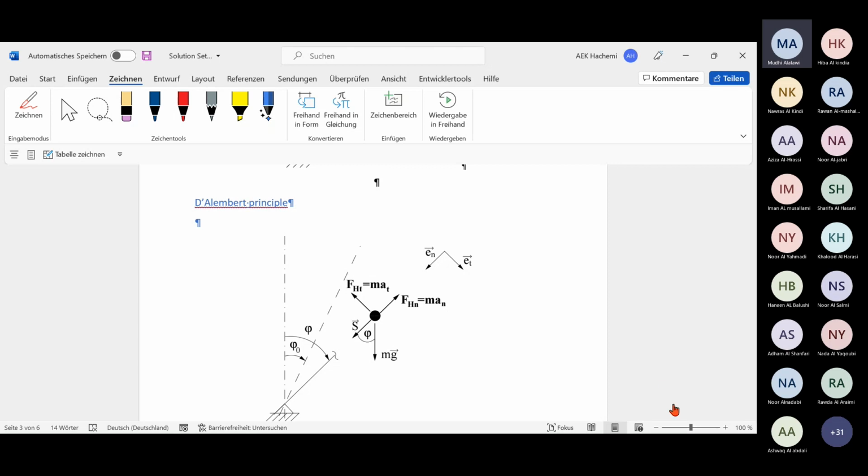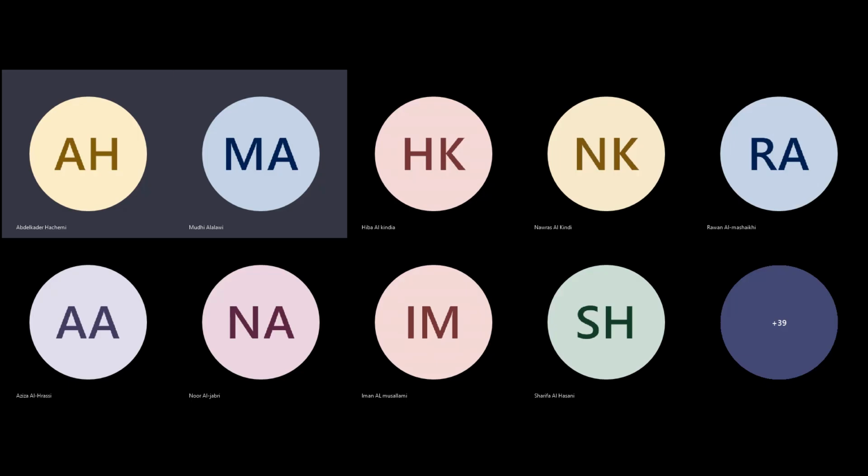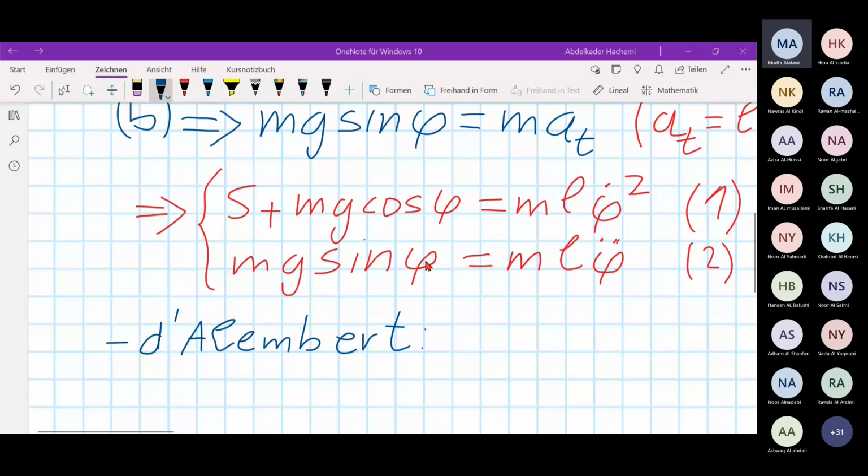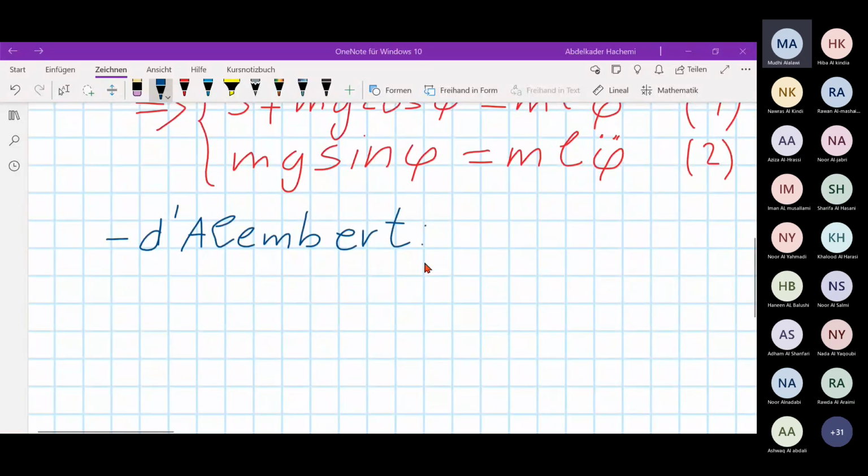Now, how do we describe this in equations? For D'Alembert, we have the sum of the forces along the normal direction equal to zero.